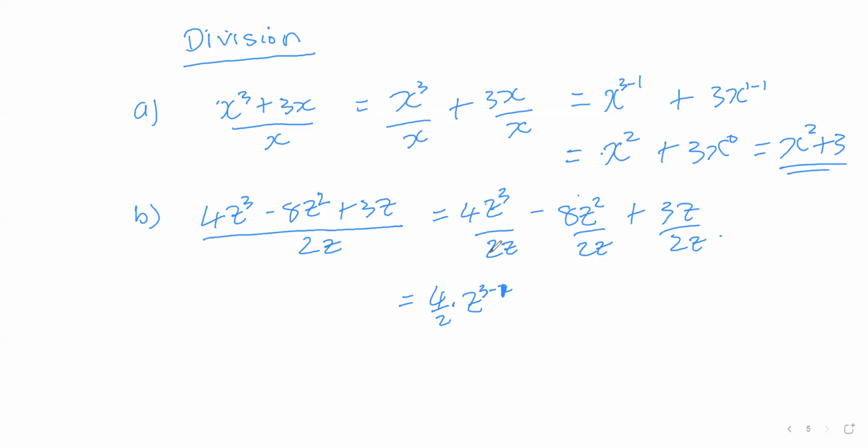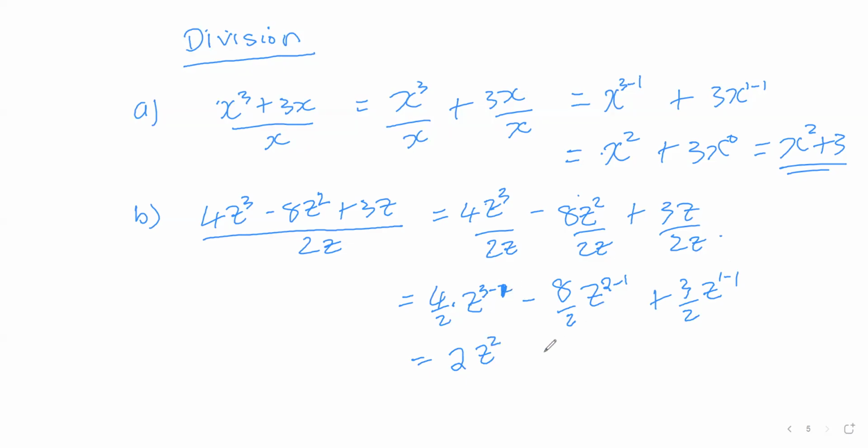So this 4 over 2 is this 4 over 2. Z cubed over z becomes z to the 3 minus 1, basically by law 2 of exponents, minus 8 over 2 z to the 2 minus 1 plus 3 over 2 z to the 1 minus 1. Okay, 4 divided by 2 is 2. So this boils down to 2z to the 2.